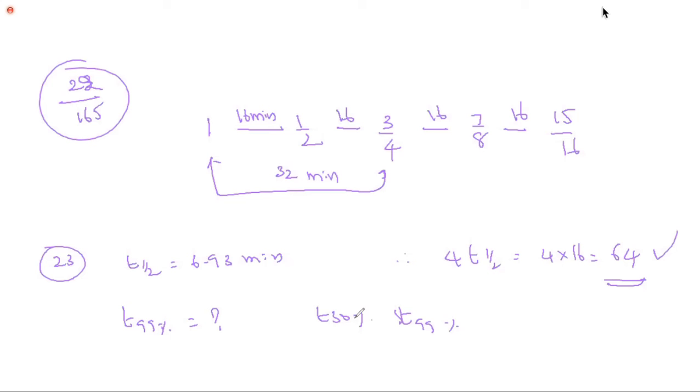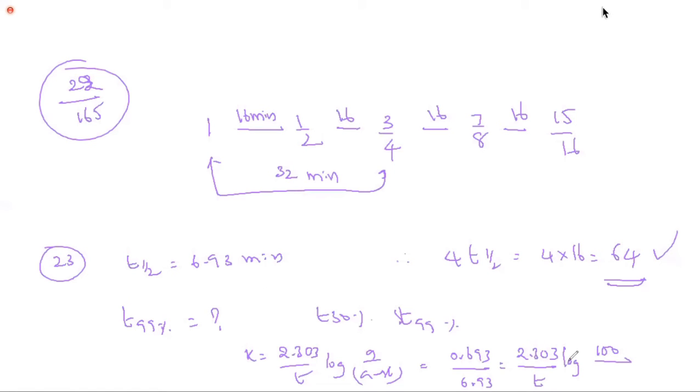Okay, you can apply that. Otherwise, what method did I tell you? K is equal to 2.303 by T log A formula you can use. K I can write as 0.693 by T of 50, which is 6.93, which is equal to 2.303 by T log of A. For the time required, 99% to complete means 100 minus 99.